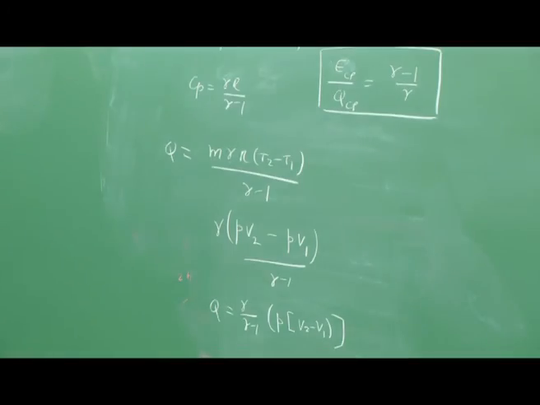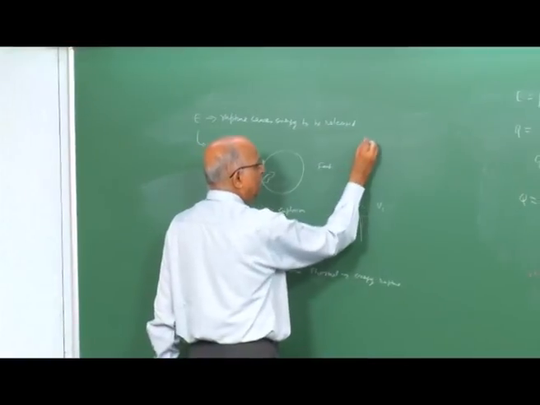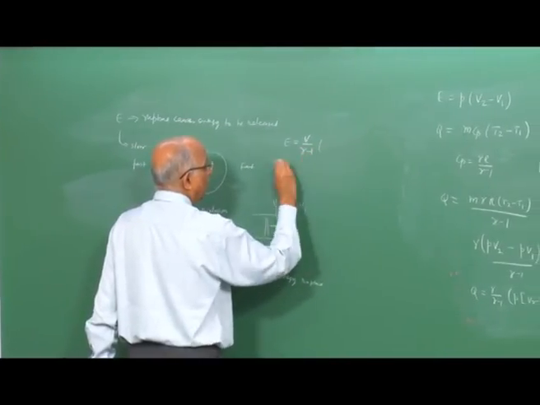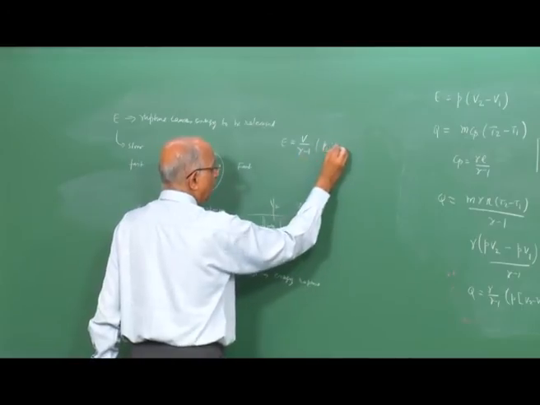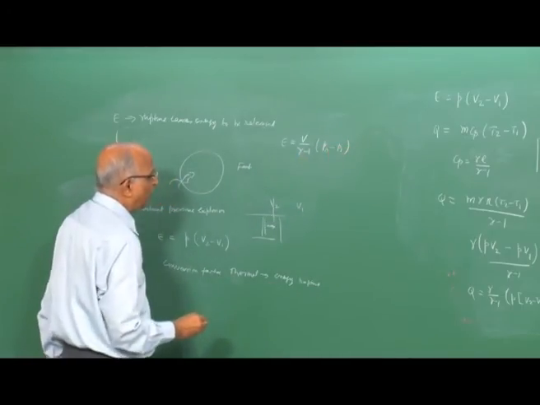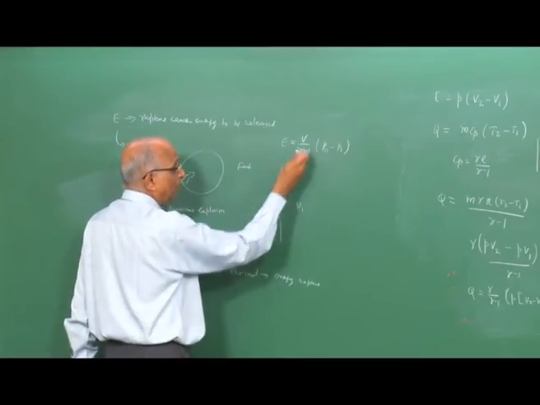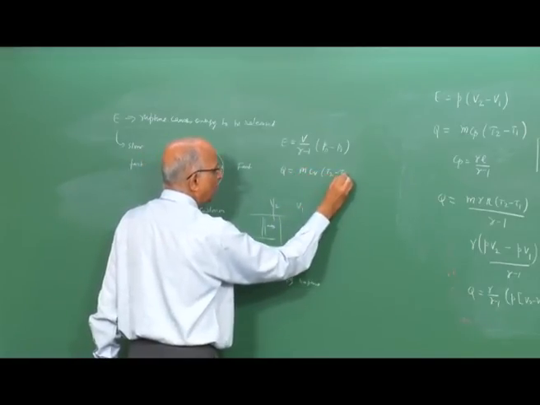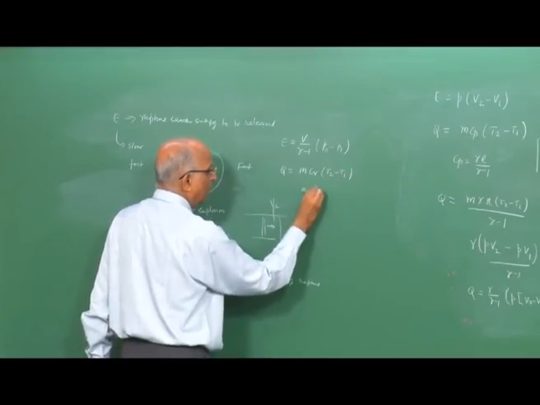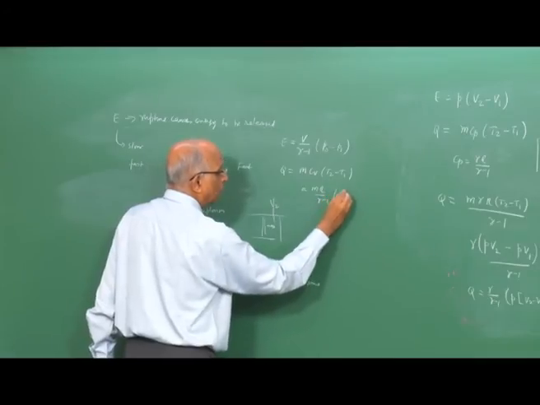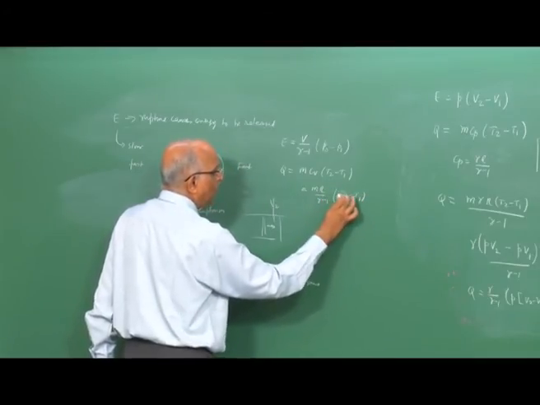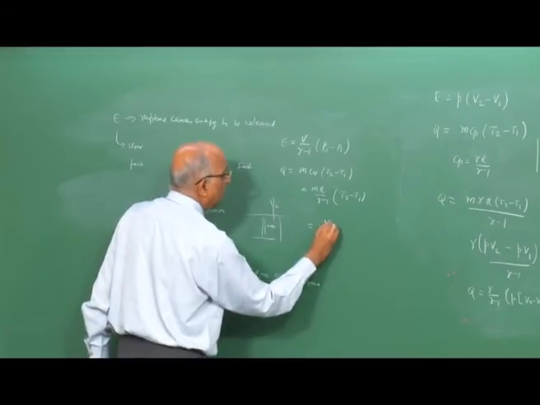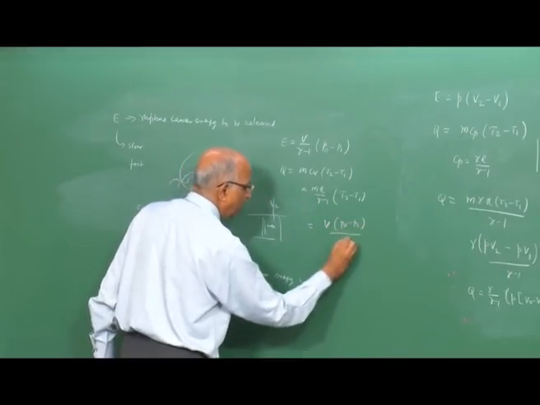If I do the same thing for a constant volume explosion, we found that the energy released is equal to V into P0 minus P1 divided by gamma minus 1, where P1 is the ambient pressure. The heat supplied is m Cv into T2 minus T1, which I can write as mR divided by gamma minus 1 into T2 minus T1. Writing mRT2 and mRT1 as P0 V and P1 V, I get V into P0 minus P1 divided by gamma minus 1.